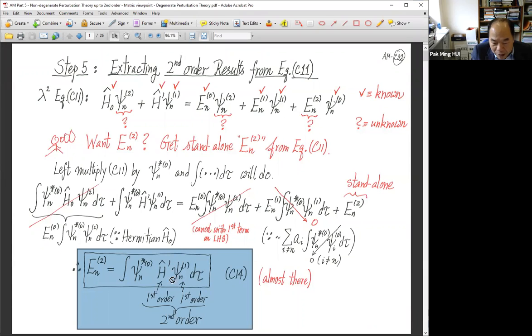Remember, we have expression for this first order correction in the state. So at this point, we would like to plug in the sum over I, A_I, psi_I0 for the first order correction term.